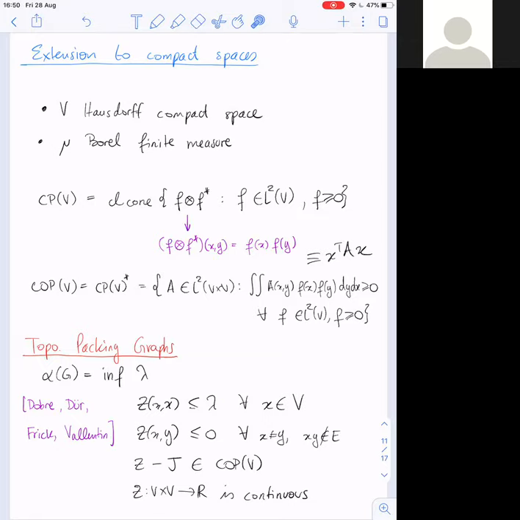And when you have a non-edge, Z has to be less or equal than 0, and Z minus J has to be copositive, where J is the constant one kernel, right? So look how much this looks like the Lovász theta number for finite graphs. I only replaced matrices by continuous functions, okay? And I replaced the cone of copositive matrices by the cone of copositive kernels.